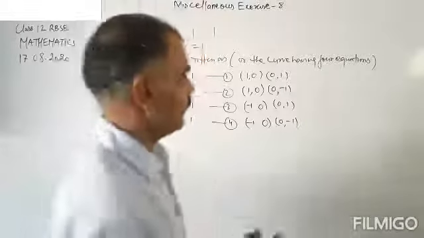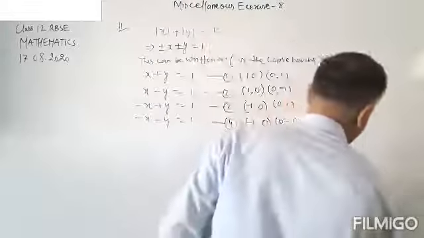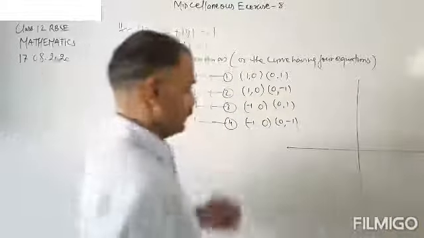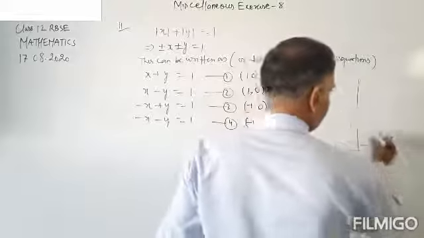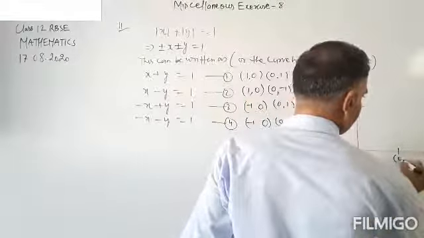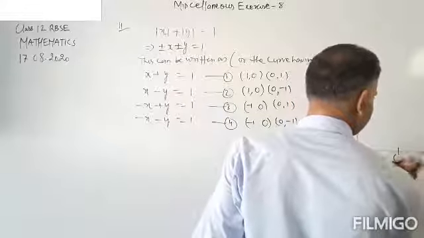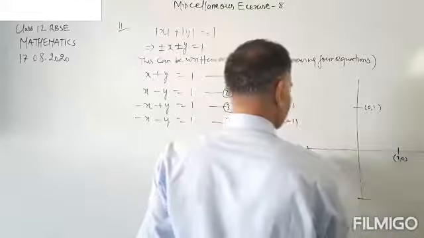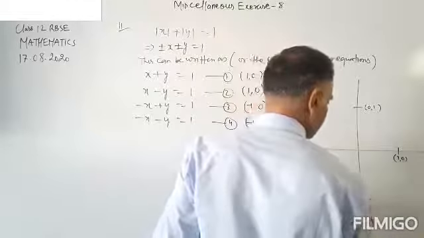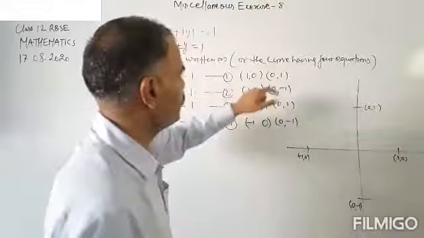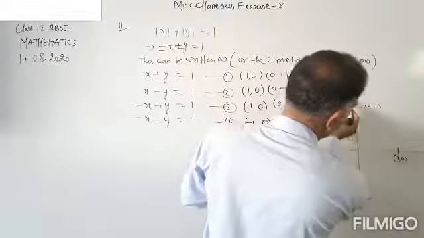Okay, so let us have a look. This is (1, 0), this is (0, 1), minus 1, 0 and 0, minus 1. So the first equation is (1, 0) and (0, 1).